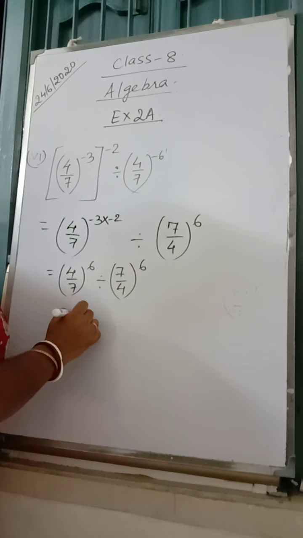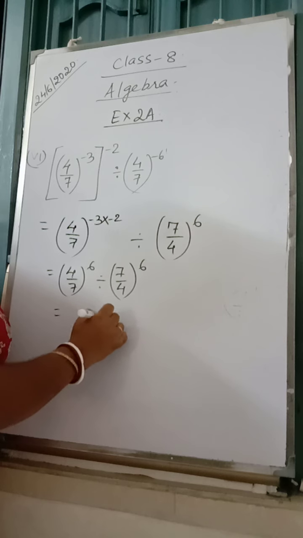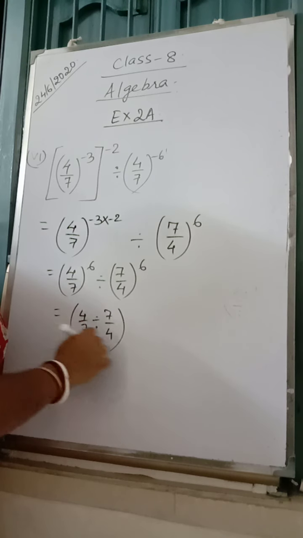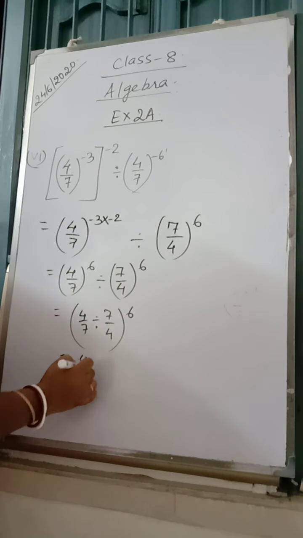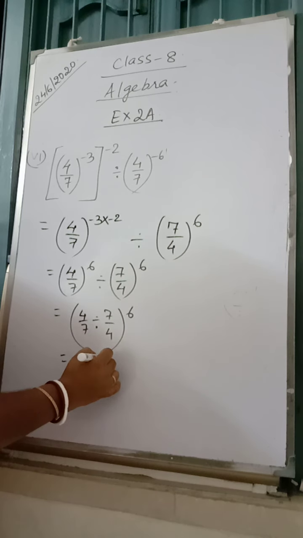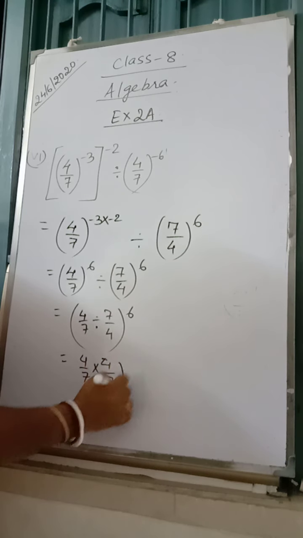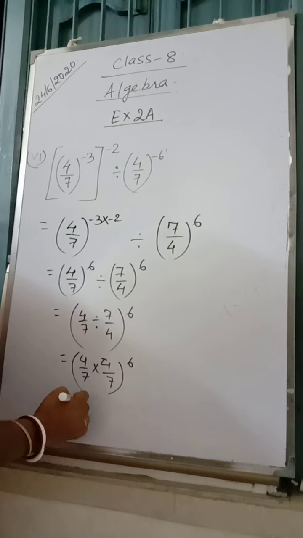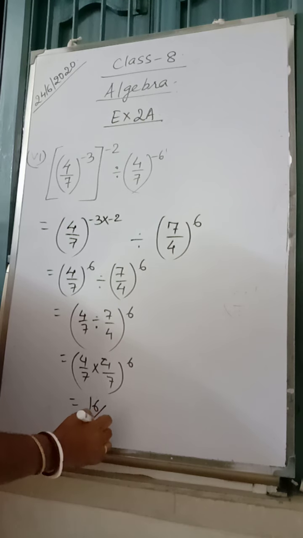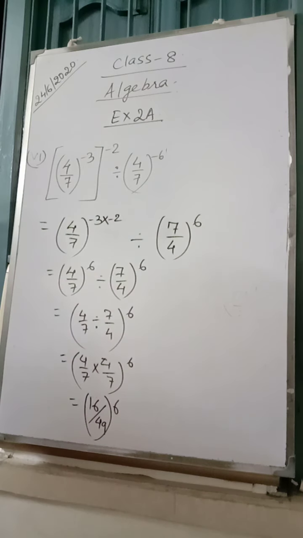When the index is same, we can write it together. Or it gives you 16 by 49 to the power 6 would be the answer. Like that we have to solve question number 3. I don't think you have any doubt.